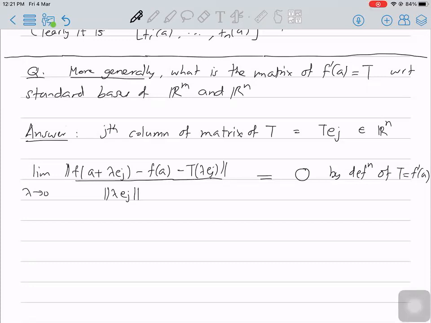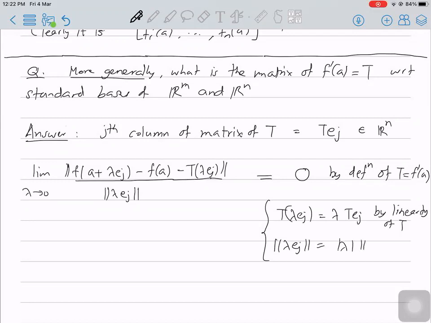Okay. So let's write this T of lambda ej. And in the denominator mod lambda will come out, yes, by linearity of T. And lambda ej is equal to mod lambda times ej.